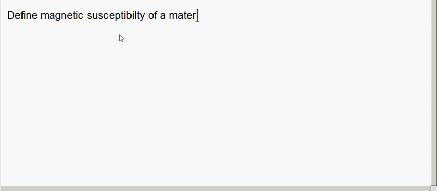You can take down this. Define magnetic susceptibility of a material. So for the definition, you can refer to the previous notes.